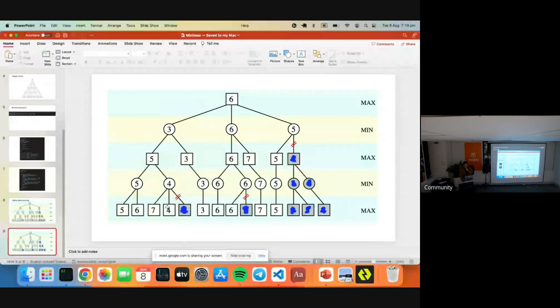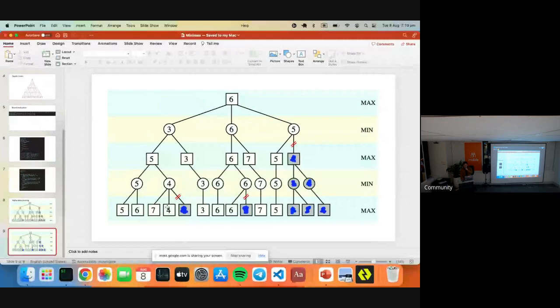So each of the nodes here would originally have alpha as negative infinity and beta as infinity. So now 5 is a beta, and then the maximizing player gets the 5 from here. So now here, alpha would be 5, and beta would be infinity.